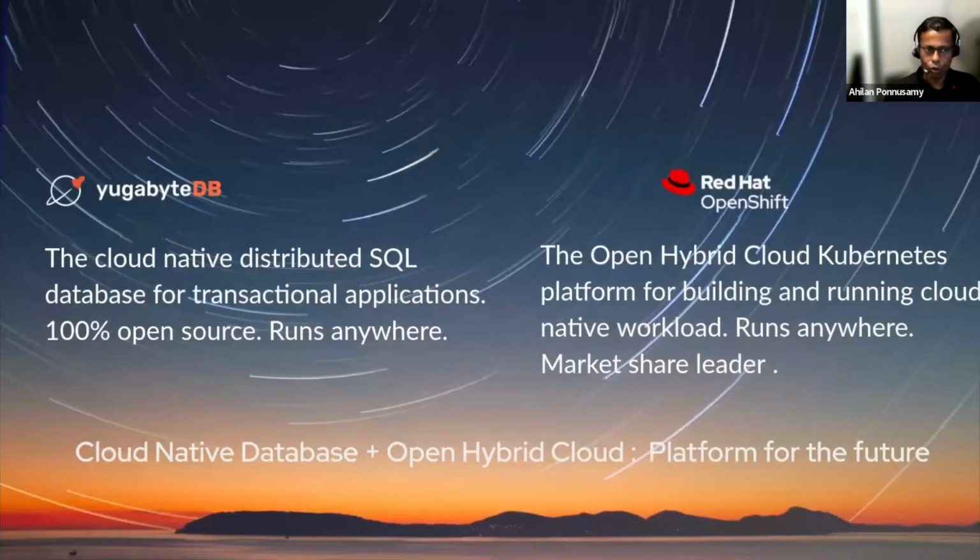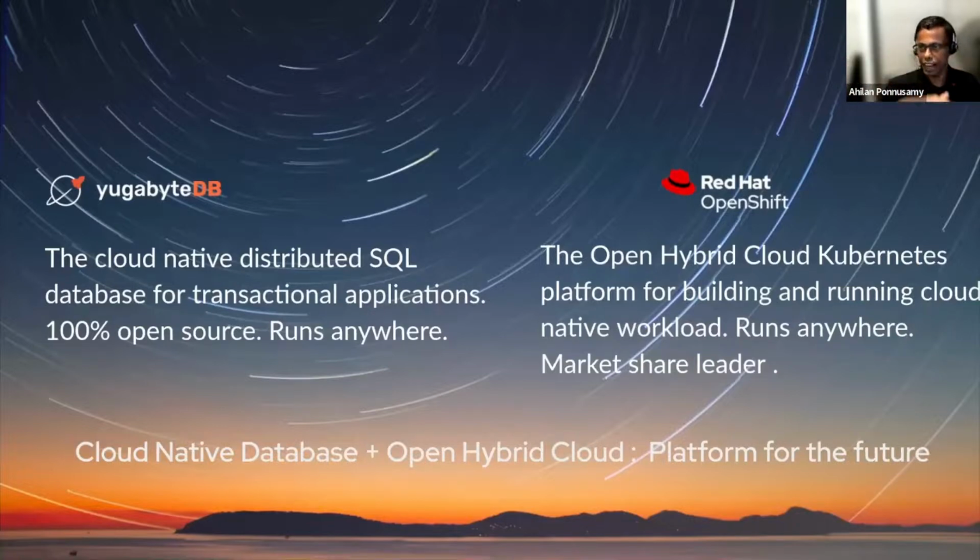Okay, so how OpenShift and Yugabyte can benefit our customers, right? So as I mentioned before, Red Hat OpenShift is the open hybrid cloud Kubernetes platform. That is actually the number one Kubernetes platform by distribution in the industry. And as Andreas highlighted, we have a consistent deployment model across different vectors.